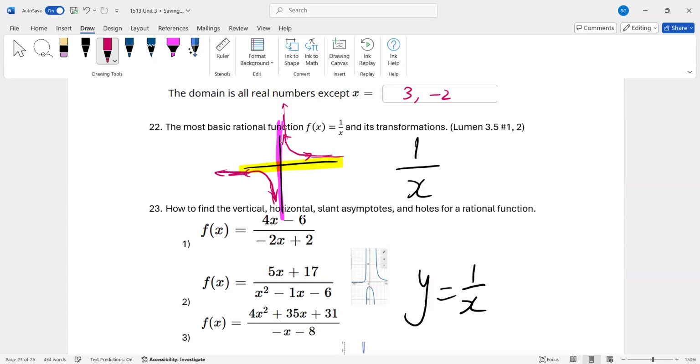And the other branch, when x approaches 0 from the left, is also getting closer and closer to the y-axis, but never touches or crosses. So this shows you asymptotes are very important to rational functions. Even the most basic reciprocal function has two asymptotes. One is horizontal, the other is vertical.